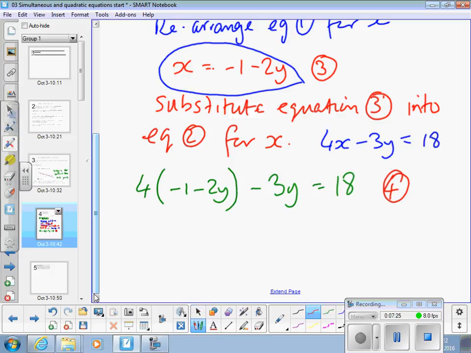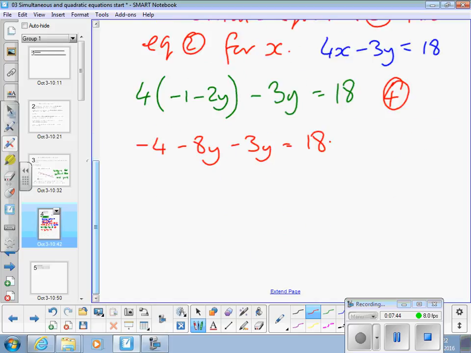So what do I write, Lewis? Yeah. So minus 4 minus 11y equals 18. Add 4 to both sides.